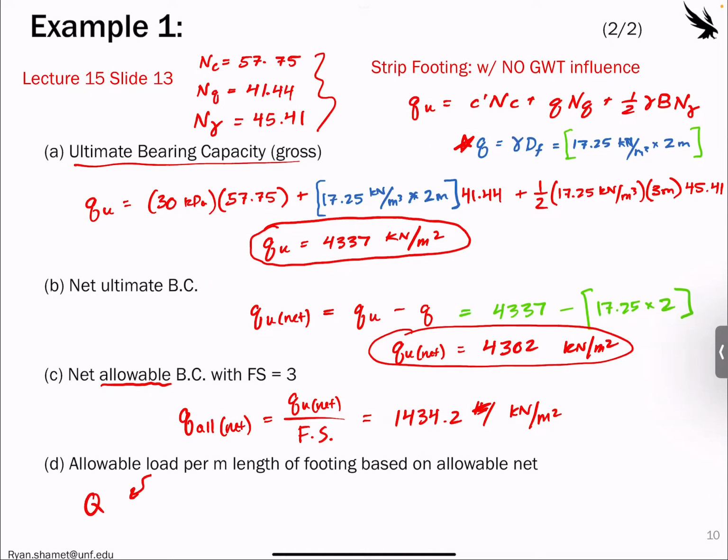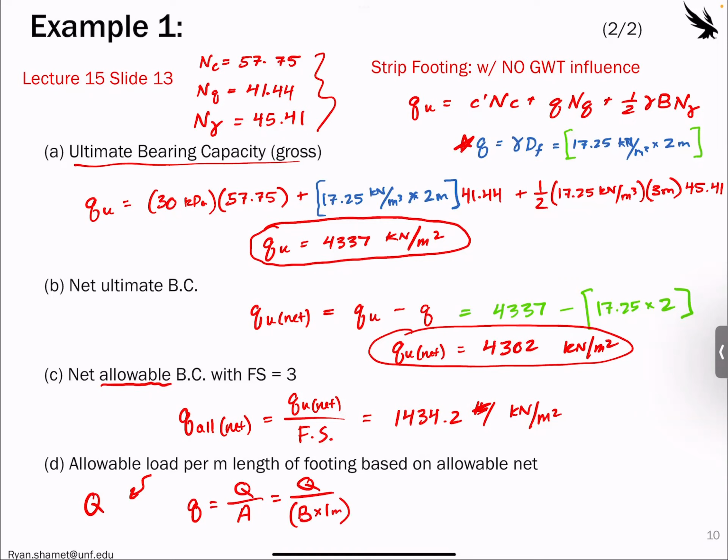So if we know that lowercase q is a stress, and that is equal to uppercase Q, which is a force divided by the area. But since we're in a strip footing, we don't have a length. So what we're going to do is per unit length. So our area is really just going to be the width times 1 meter, since it's a per unit length.